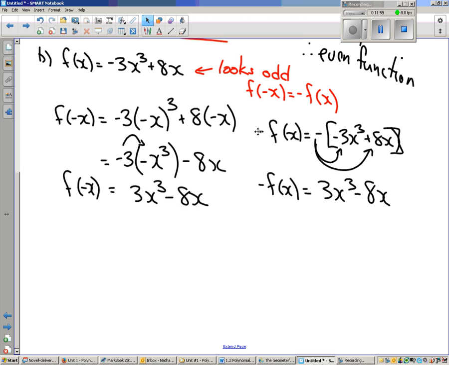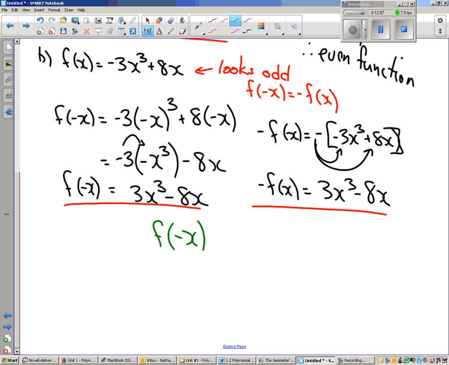Then we go back, look at our two functions, and recognize that f of negative x does equal negative f of x. It satisfies the condition that we do have an odd function.